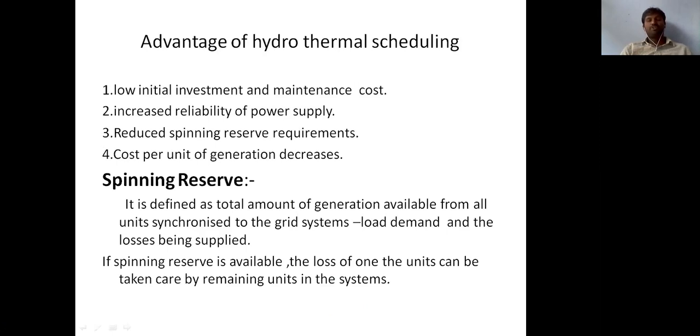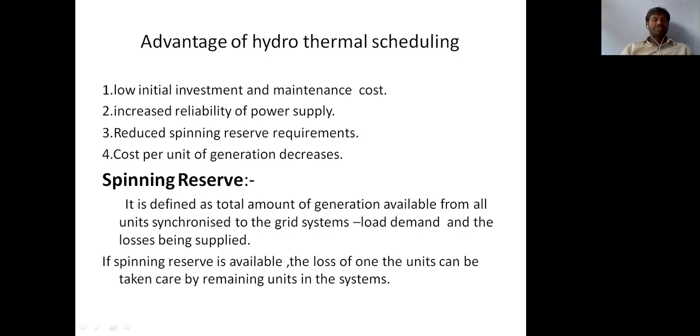However, if sufficient spinning reserve is available, the loss of one unit can be taken care of by the remaining units. This is called spinning reserve. So reduced spinning reserve requirement is an advantage of hydrothermal scheduling.